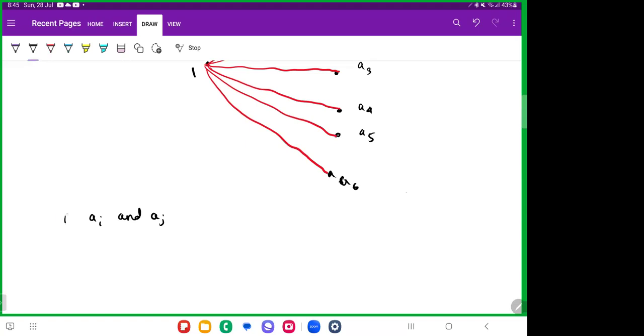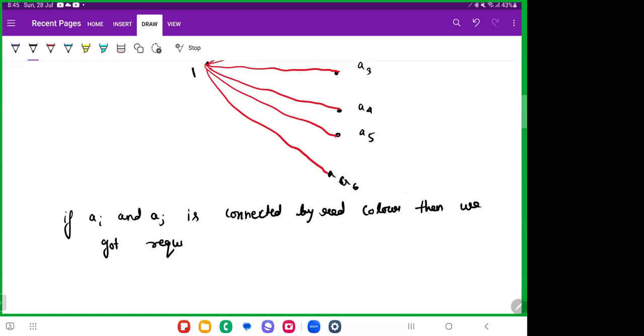If AI and AJ are connected by red color, then we are done: we got the required monochromatic triangle.